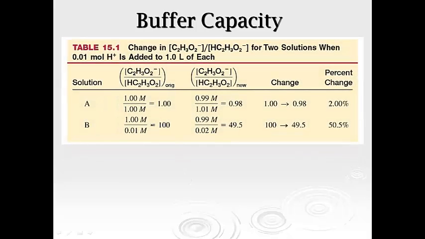So this is just showing you buffering capacity. This is illustrating the fact that for letter A, you have large concentrations and they're equal to each other. So when you add in the 0.01 molar hydrogen ion, you get a very small change. And that's what a good buffer does. It resists the change. Down in letter B, you have a different scenario. You're still adding hydrogen ion, but they're not equal to each other.